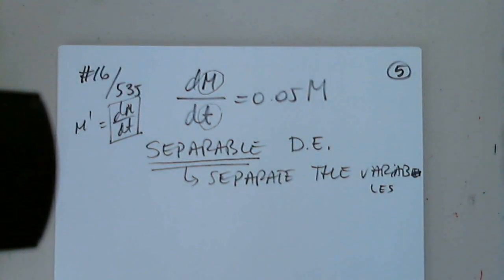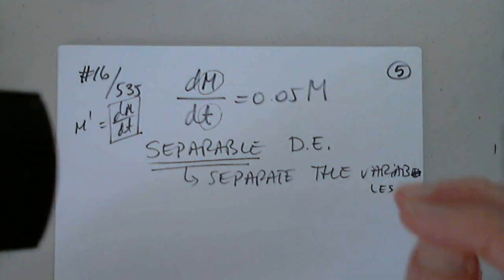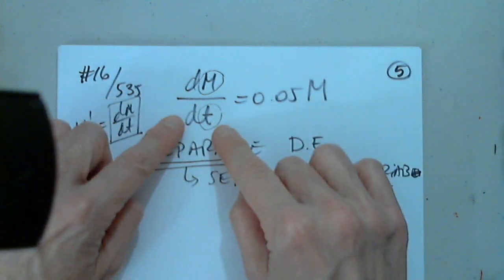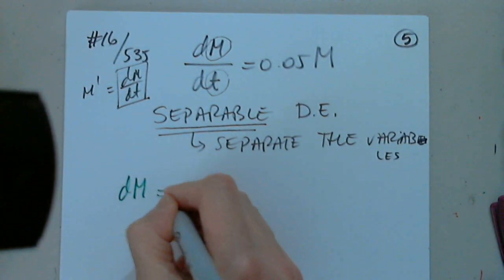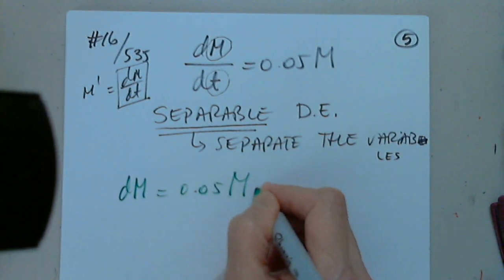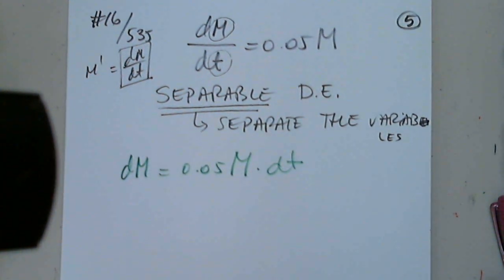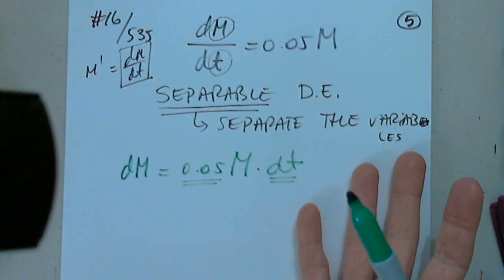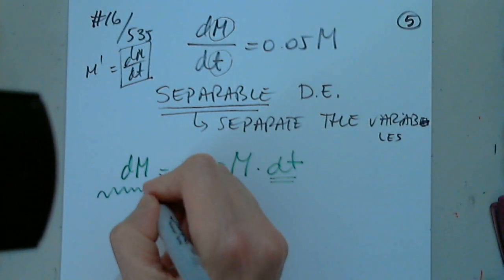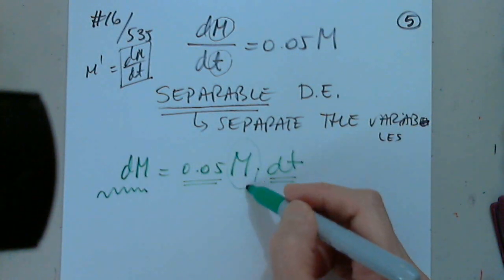Okay, now, first of all, I recommend let's multiply both sides by dt. No problem. So dm equals 0.05 m times dt. So I have a constant and dt on the right. I have dm on the left-hand side, but I also have m here.